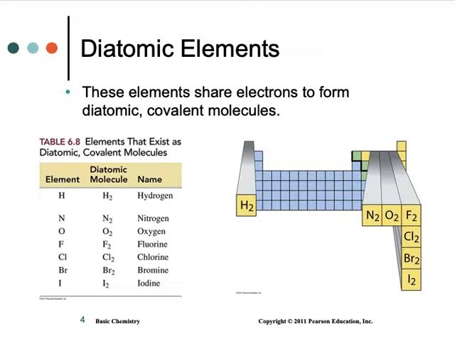So bromine is a Br2 molecule, and then iodine is a solid, but it's an I2 molecule. So these are called diatomic. Anytime you see them in the free state, say you are reacting something with oxygen, you don't just react it with O, you react it with O2, because free oxygen is always O2.